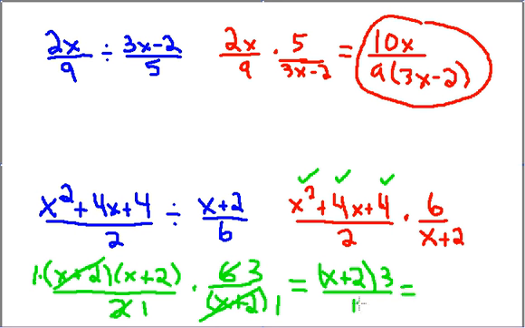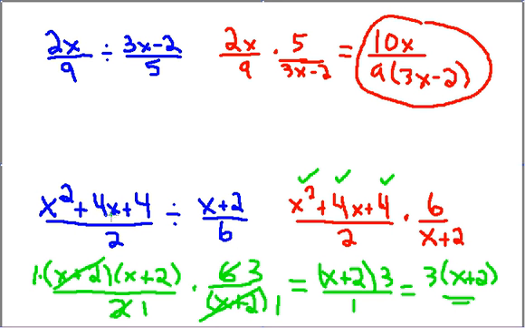And if we were just to drop our 1 and rewrite it with the 3 out front, we would have 3 times x plus 2. That is the answer to x squared plus 4x plus 4 over 2 divided by x plus 2 over 6.